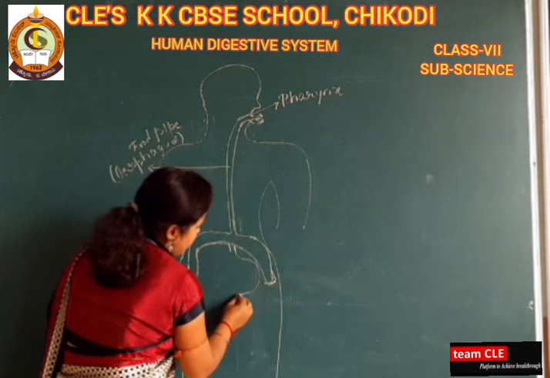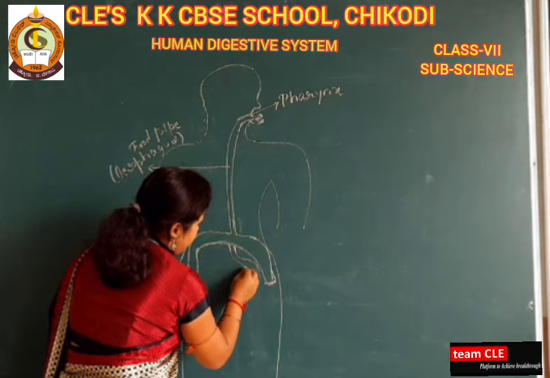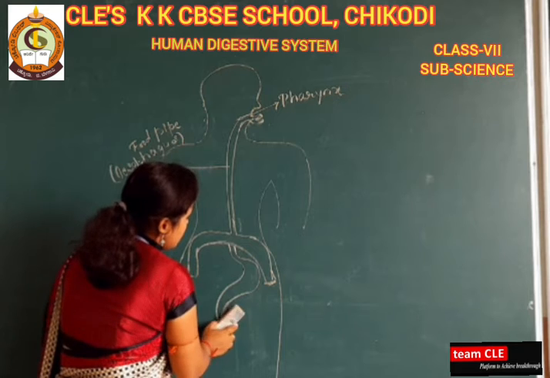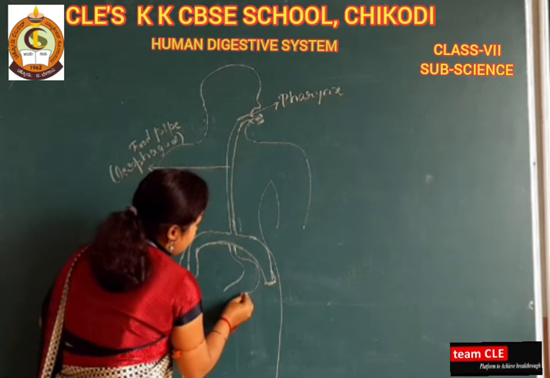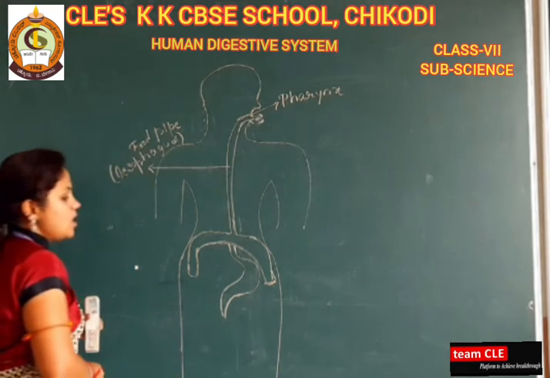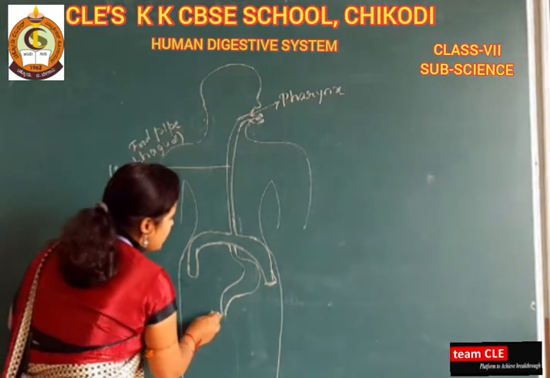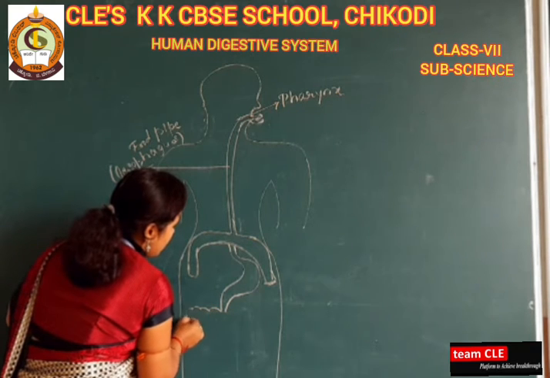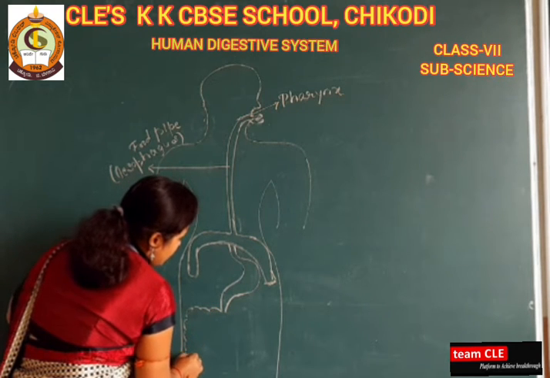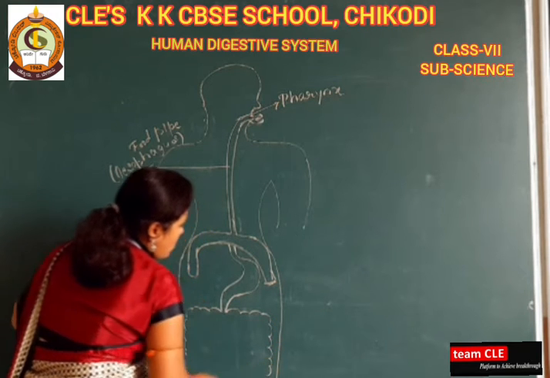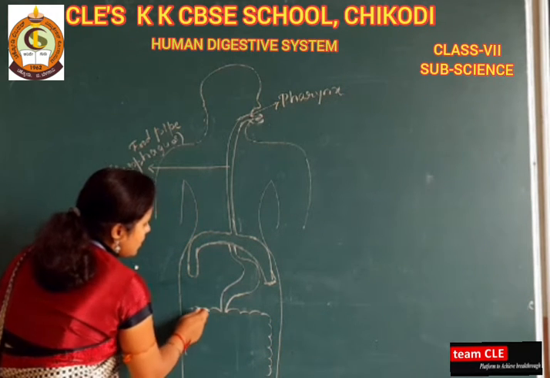So this is your kaju shape. Then you have to go for the 3 formula. Here you have to draw 3, 3, 3.